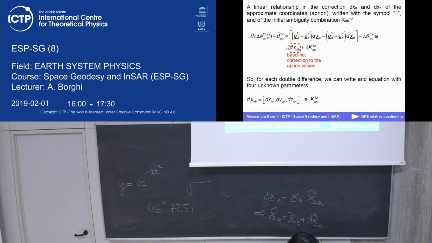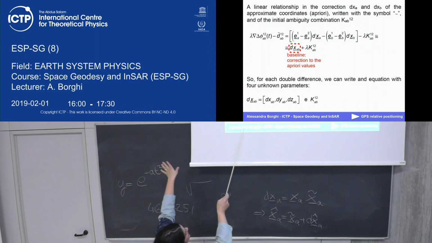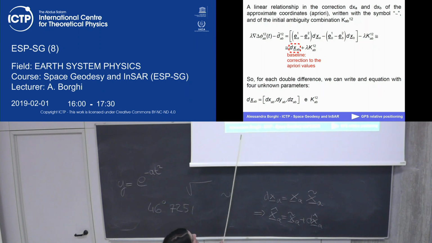So, looking at this equation, we can see that we have our observations, the double differences in terms of distance, minus the approximate distance that we obtain when we linearize this equation, and this difference is equal to the baseline correction due to the a priori value. So what we are going to estimate is the baseline correction we have seen in this equation.